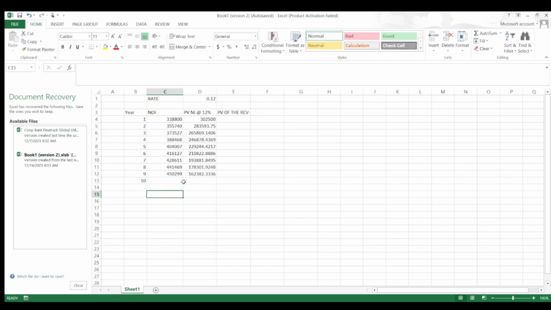Now, for us to calculate this, we'll have to do it through the formula of the present value of a growth annuity. So for us to calculate that, we need the cash flow for year 10.